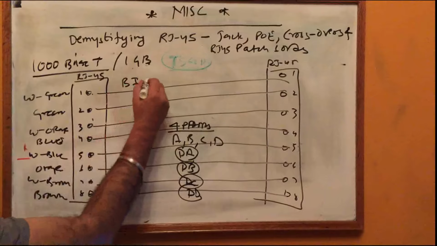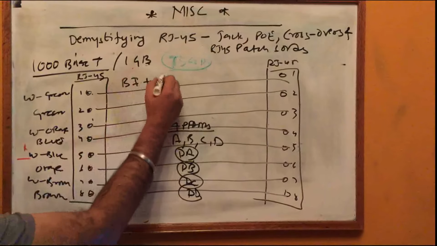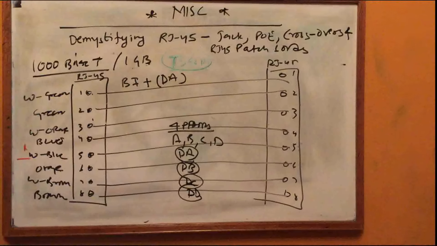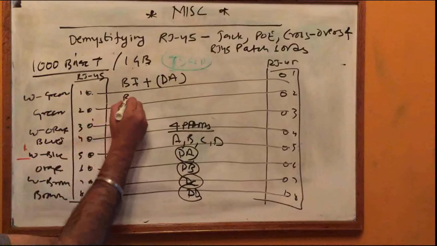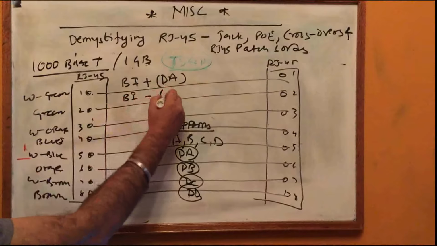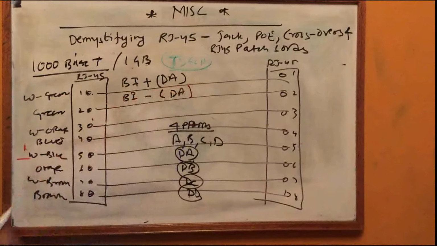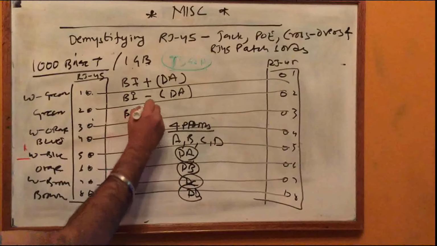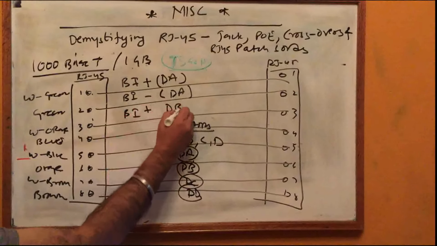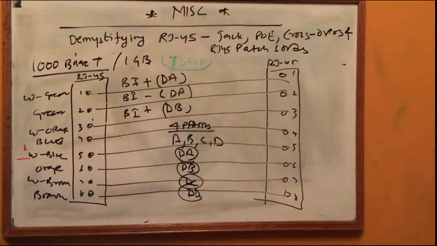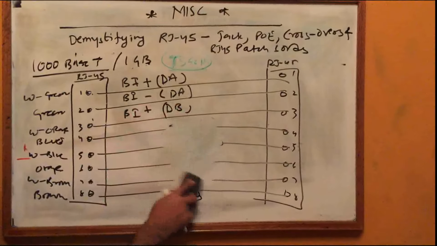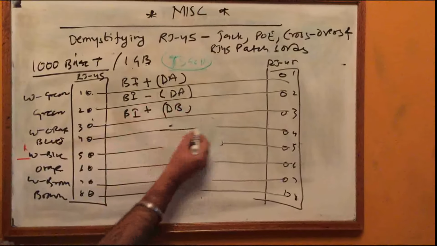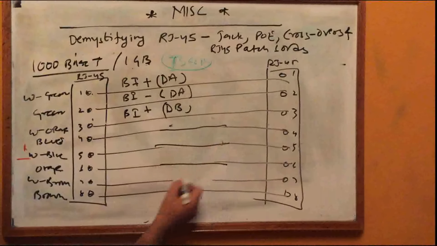So BI positive, the first pin, BI positive for DA. It's a little complicated, but just follow me on what I'm trying to say. Then BI negative for pair DA, bidirectional communication. BI positive for DB, and we are talking about 1 gig networks, 1 gig patch cords.